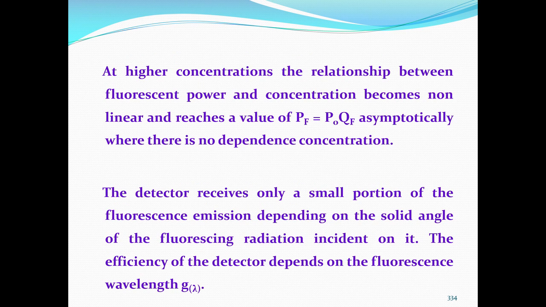At higher concentrations the relationship between fluorescent power and concentration becomes non-linear and reaches a value of P naught into Qf asymptotically. So, there is no dependence on concentration. Moreover, the detector being at a perpendicular position to the incoming radiation, it receives only a very small portion of the fluorescence emission depending upon the solid angle.